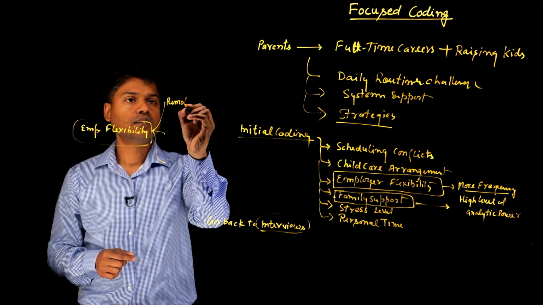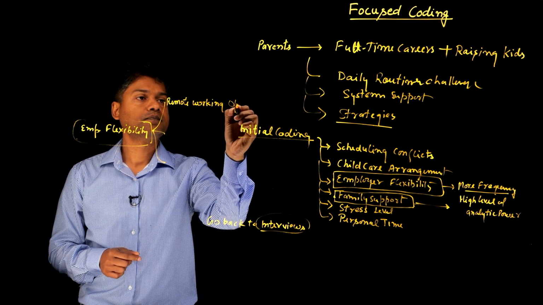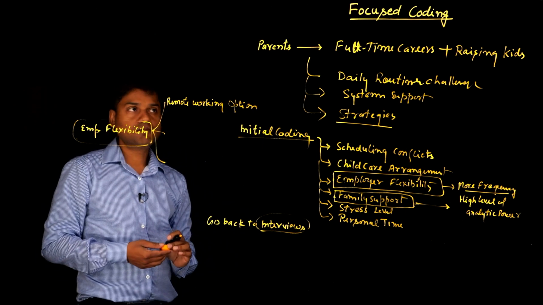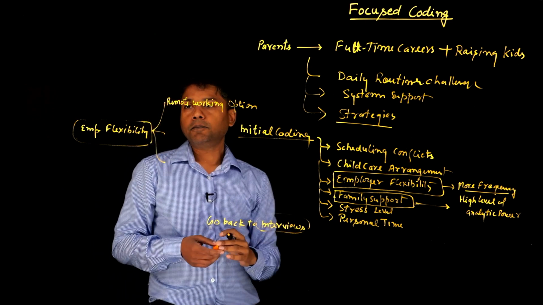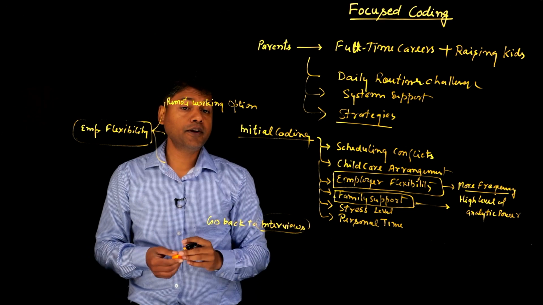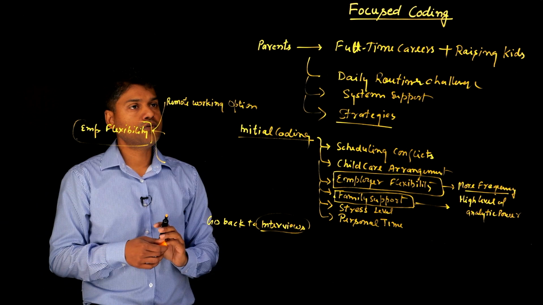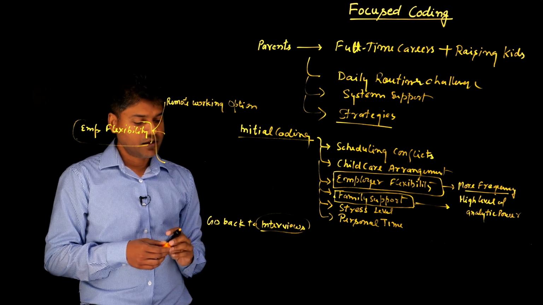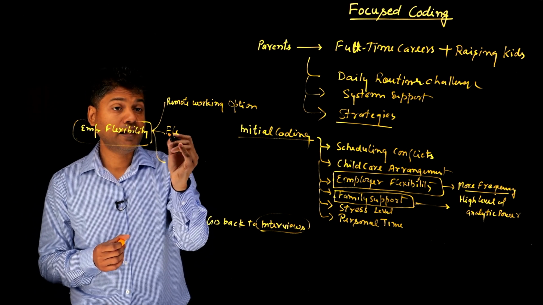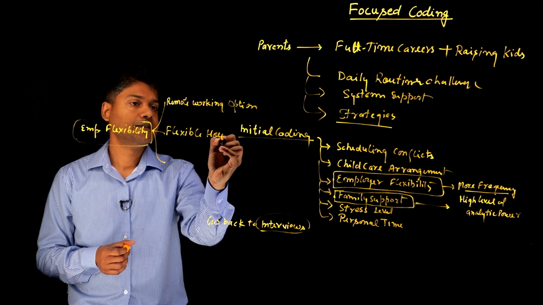Remote working option. Parents shared employer flexibility in terms of remote working options. They can work from home if they have a problem coming to the office because they have to take care of the kids. And another sub-theme which emerged is flexible hours.